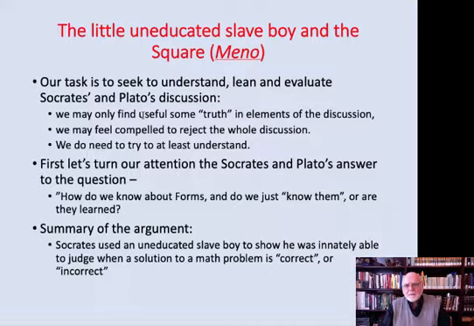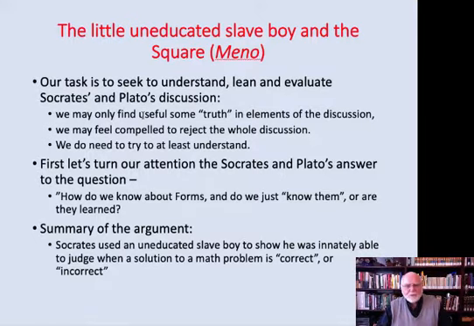And one of the places where Plato develops this argument is he picks up the discussion between Meno and Socrates. While they're discussing virtue, we're going to see that in that context he's going to explain and give evidence for, rational evidence for the existence of forms pre-existing in our minds.